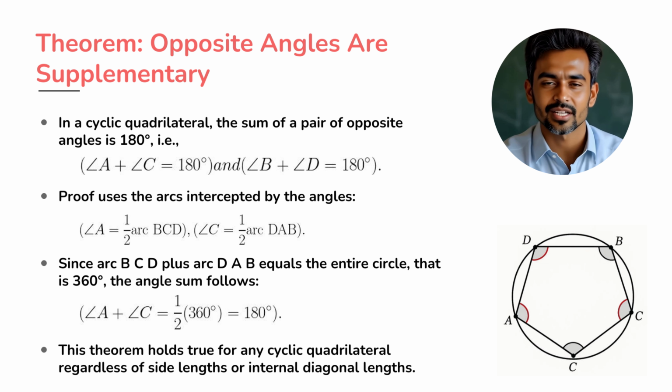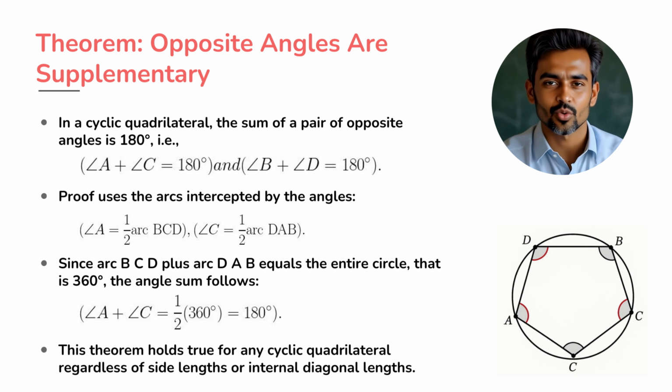The measure of angle A is half the measure of arc BCD, and angle C is half the measure of arc DAB. Since arcs BCD and DAB together form the entire circle, which is 360 degrees, the sum of the 2 intercepted arcs is 360 degrees. So, if we add angle A and angle C, it's like taking half of the whole circle, which gives us 180 degrees.